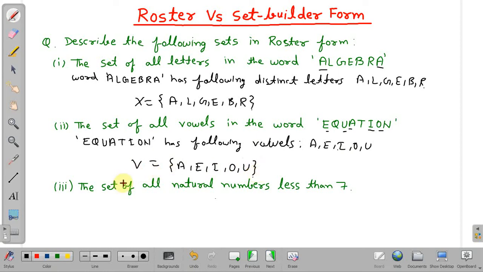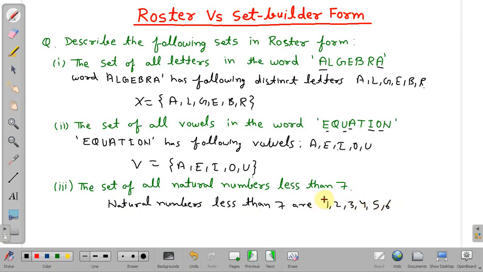Next one is set of all natural numbers less than 7. So what are the natural numbers which are less than 7? First we need to make the list. Natural numbers less than 7 are 1, 2, 3, 4, 5, 6.